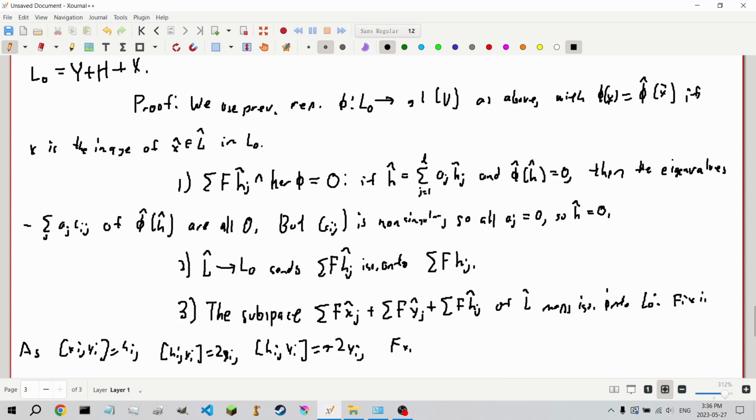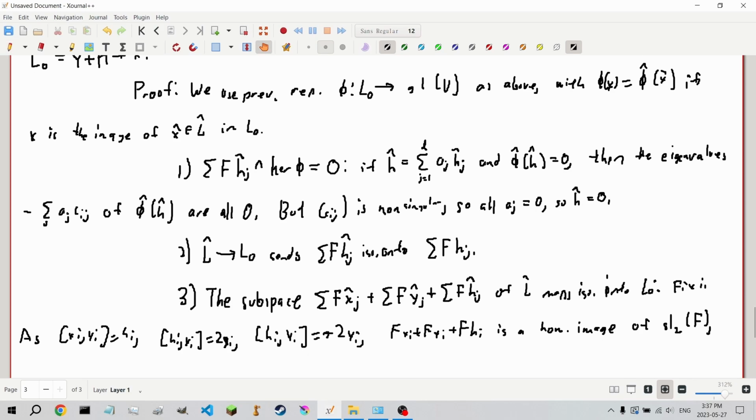Then we see that Fx_i plus Fy_i plus Fh_i is a homomorphic image of SL2 of F, which is simple.